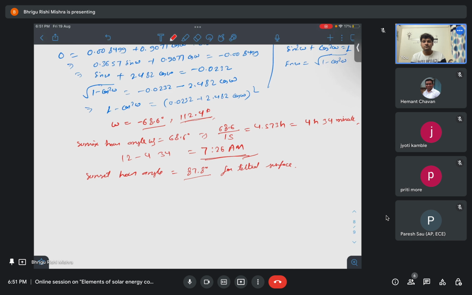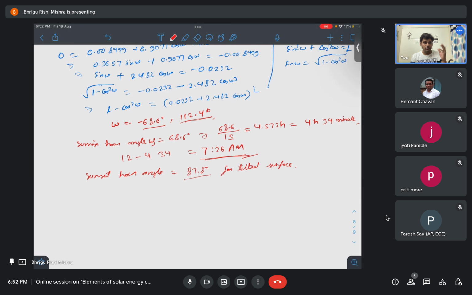However, we will see when we calculate the solar radiation hitting the surface that after a certain position of the sun in the sky, when the tilt angle is very high or very low, we will get a very small amount of solar radiation.